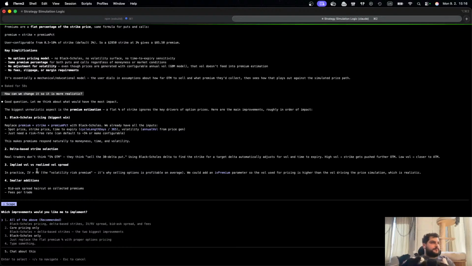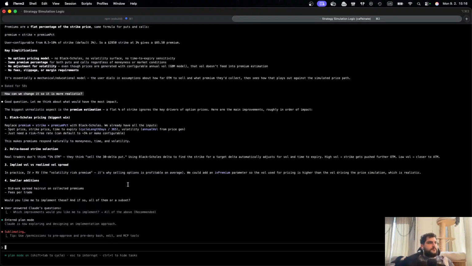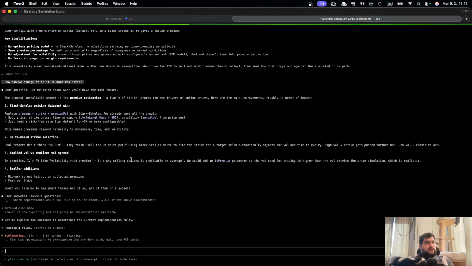Okay. Implied volatility versus realized volatility spread: we could add an IV premium parameter so the volatility used for pricing is higher than the volatility driver. Yeah, I like all those. Let's just do it. So it's planning now.